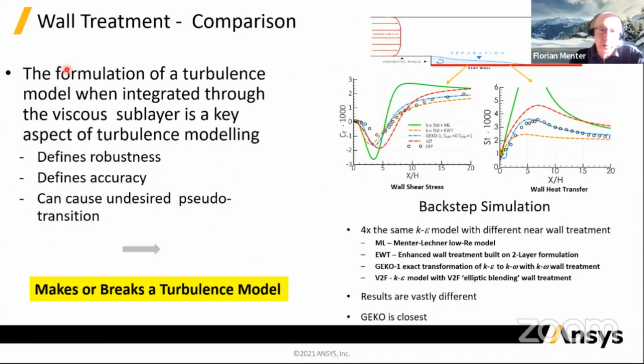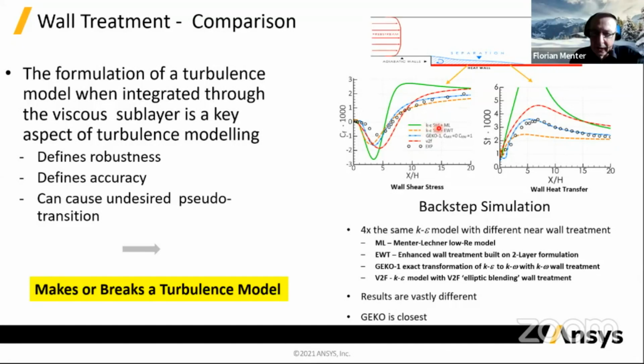Now, the first question is, why do we use the K-omega model? I always have liked the K-omega model because it's very robust. It doesn't need a lot of terms to be integrated through the viscous sublayer. And it doesn't have any pseudo transition, so it transitions very early unless we use a transition model. Here you see a backward-facing step flow, and you see the wall shear stress and the heat transfer coefficient from different types of models.